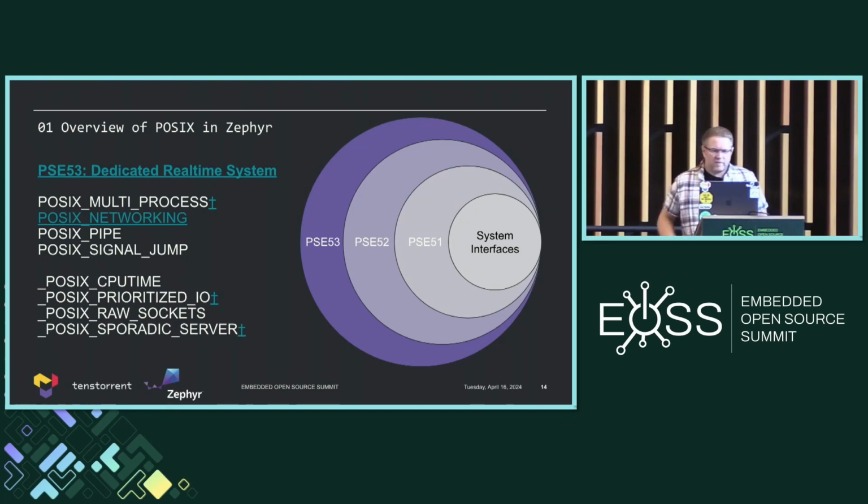That's a bit of a low-hanging fruit thing. So I'll try to summarize any missing pieces at the end, and hopefully we can entice some new contributors. And of course, sporadic server is very similar to the thread sporadic server, but at this level, it's the process sporadic server.